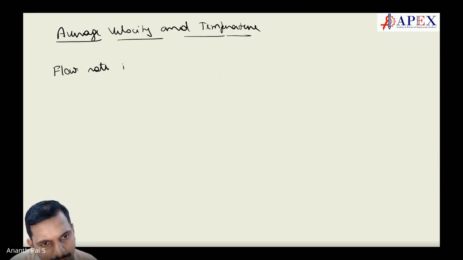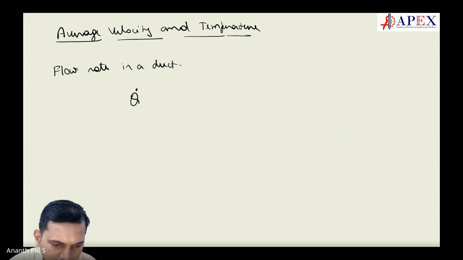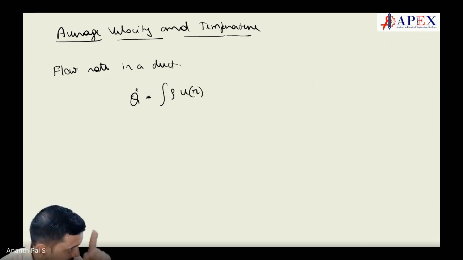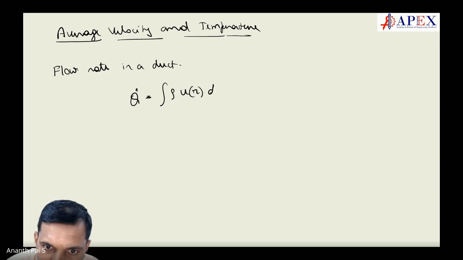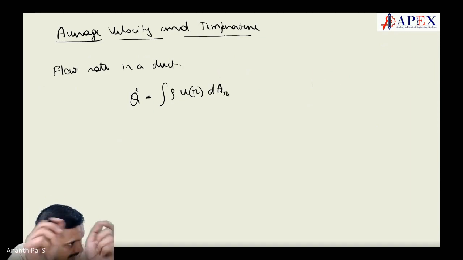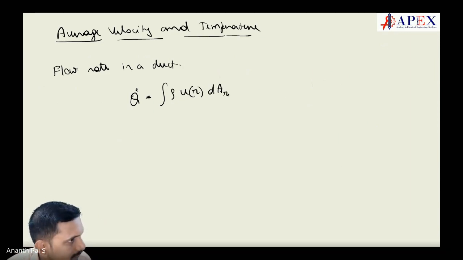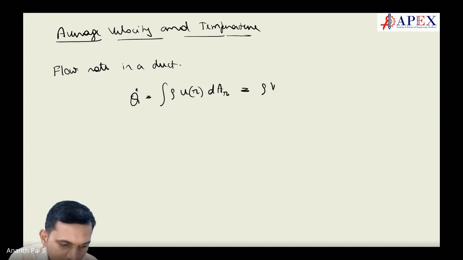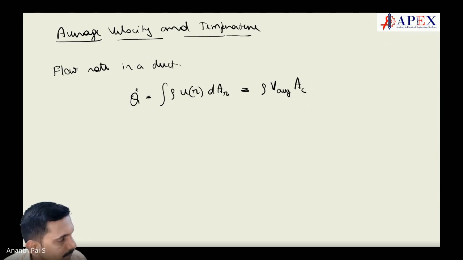Flow rate in a duct can be given as Q dot equals the integration of rho u(r) dA_r, where u is a function of radius and dA_r is the small radial area. Radial area can be anything. Now this can also be equal to rho V average times the total area of cross section.